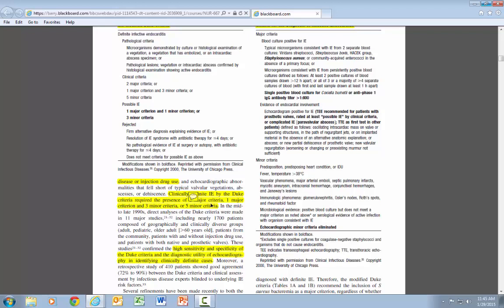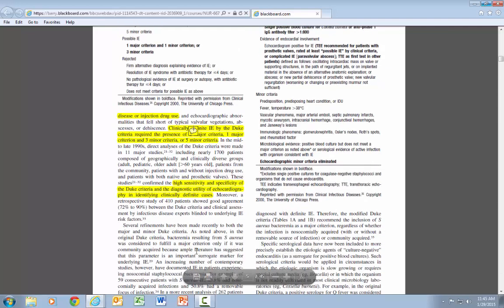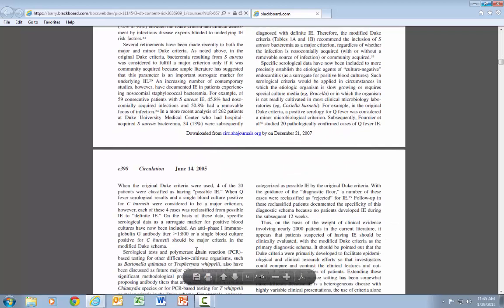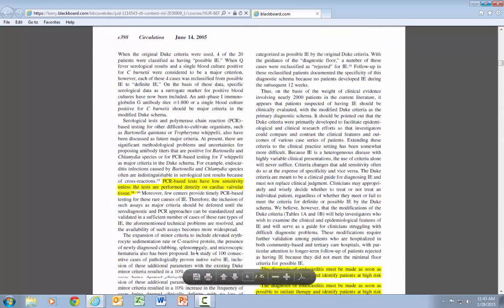Okay, so two major criteria, one major criteria and three minor criteria, or five minor criteria to have a definitive diagnosis for endocarditis. This is a very highly sensitive and specific test, so it is very, very accurate. I'm basically scrolling down to show you the most important information in the guideline.